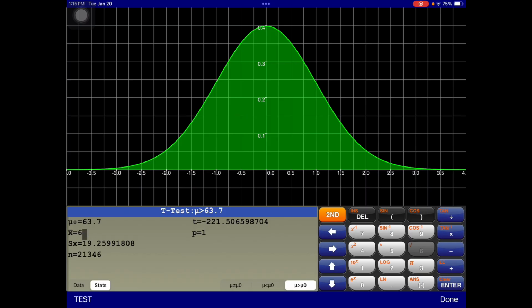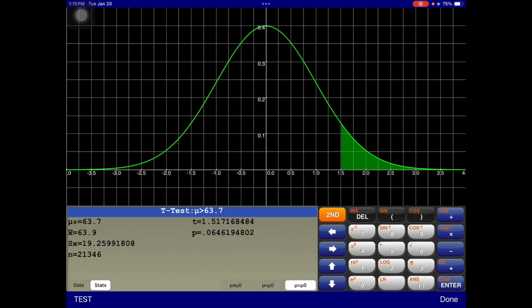X bar, we have 63.9. Our standard deviation is 0.5, and our sample size n is equal to 45. Also note that this is a right-tailed test, so make sure your greater than symbol is selected. You have your p-value, and make sure to round it to 4 decimal places.